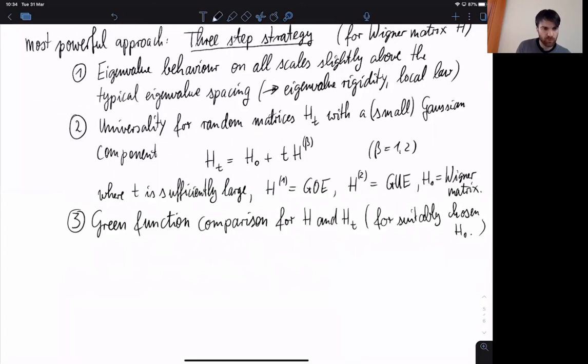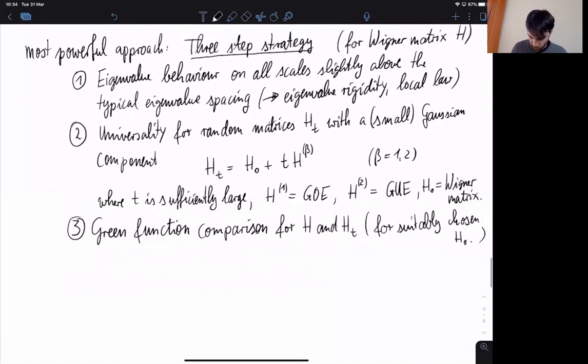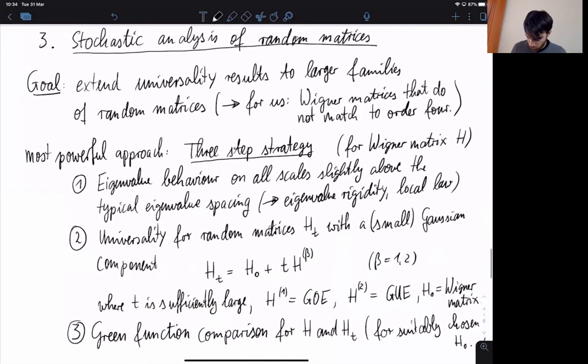But first, I want to give you some graphical idea. Maybe now is a good time to take a picture.